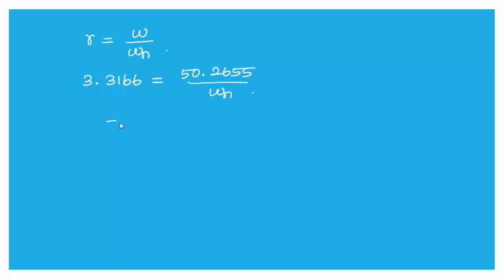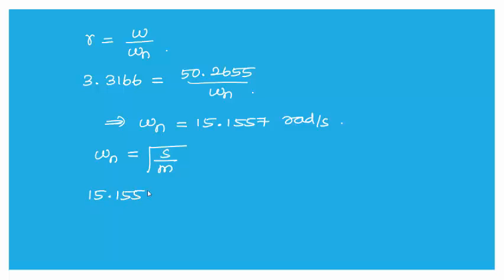So from which we can calculate the value of omega n as 15.1557 radian per second. And we know the formula for calculating the circular frequency as root of S by m. Omega n is 15.1557 radian per second, root of S divided by mass of the considered structure as 35 kilogram.